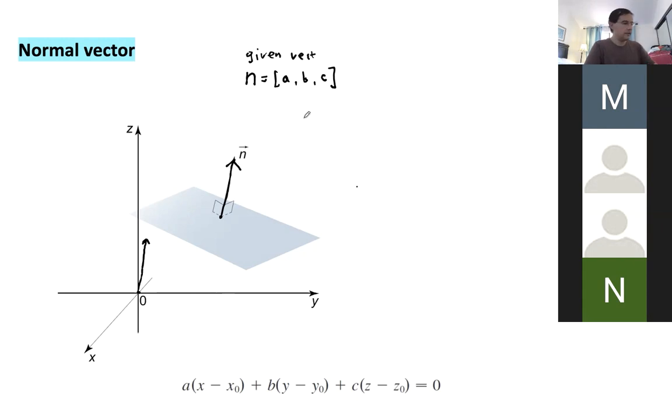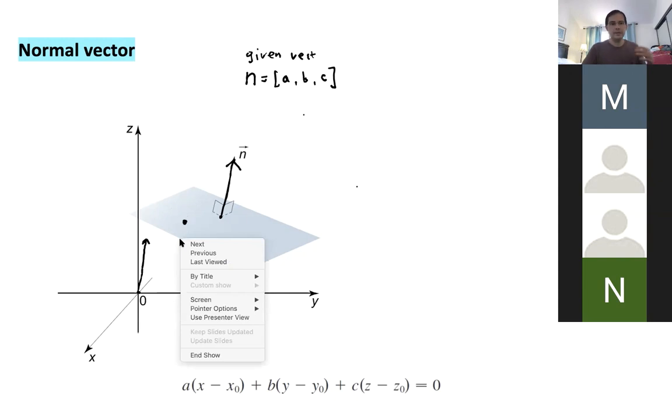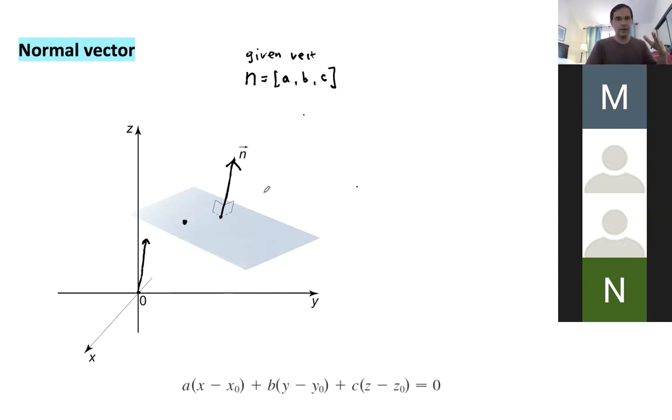And also, let's say that we have a given point P0 on that plane. Maybe I'll take this point. This is a given point, and it's a point on that plane.